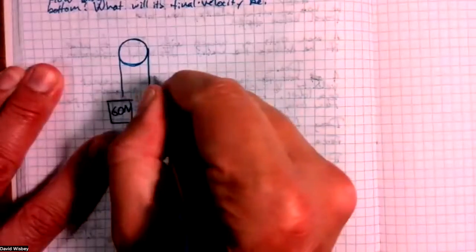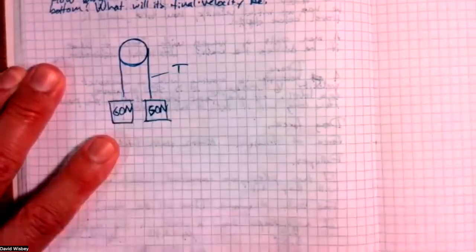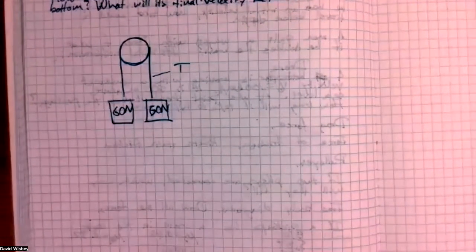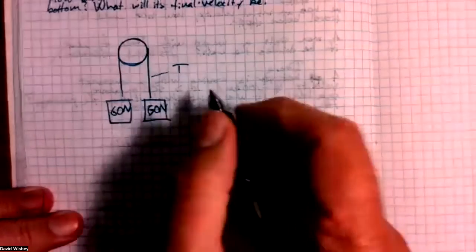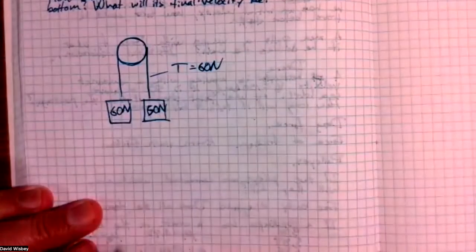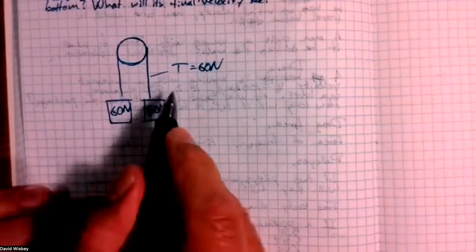What is the tension in the line going to be here? 60 newtons. Yes, it'll be 60 newtons, and it's also going to be 60 newtons over here.